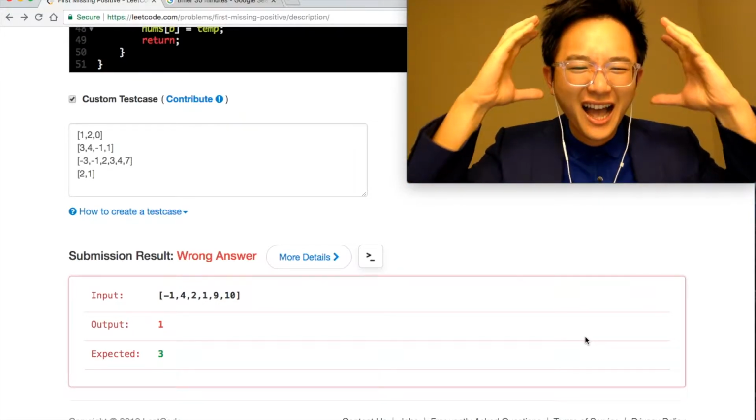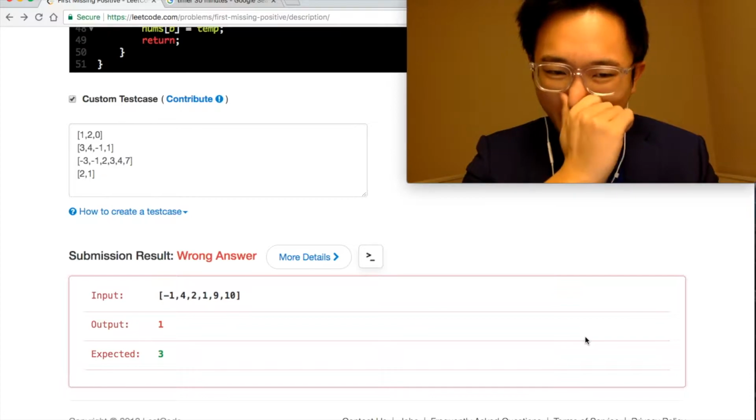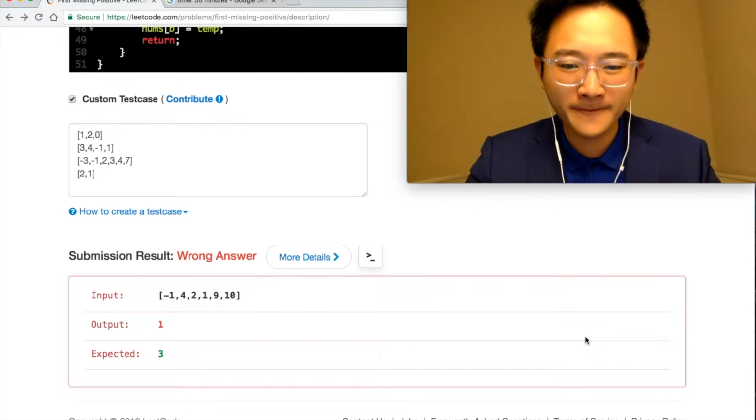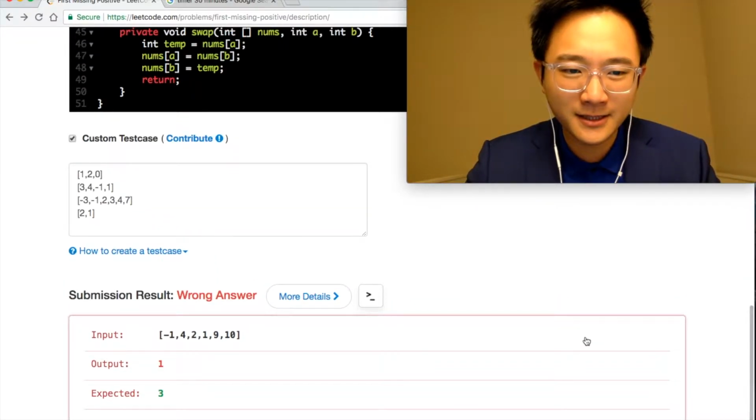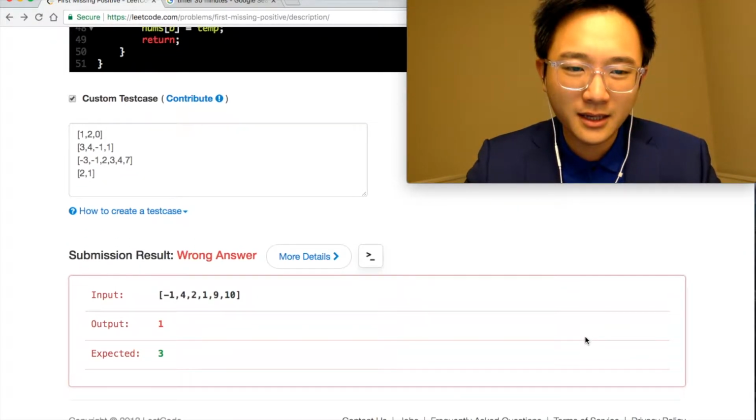What the heck? You know what? Output is 1, but expected is 3. This is driving me crazy.